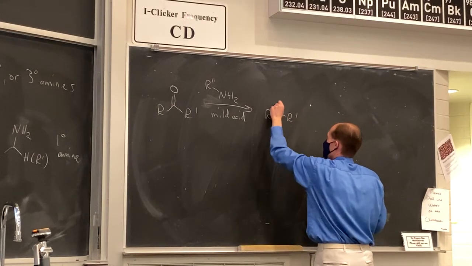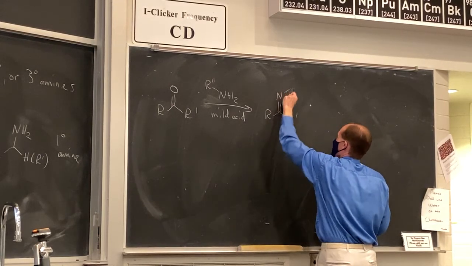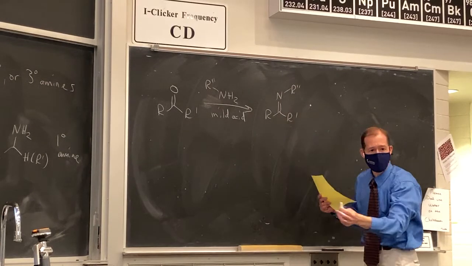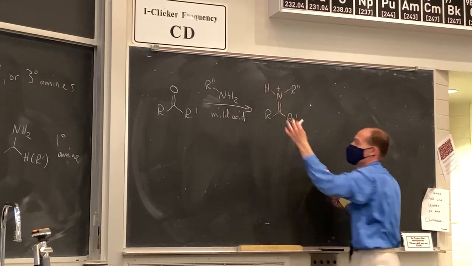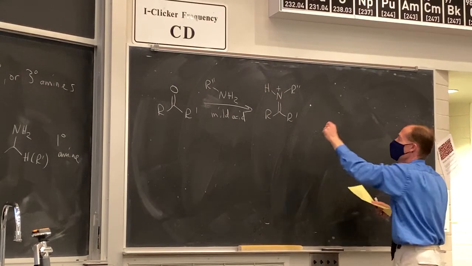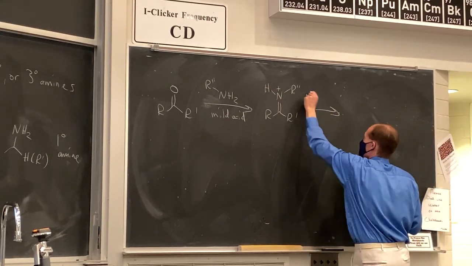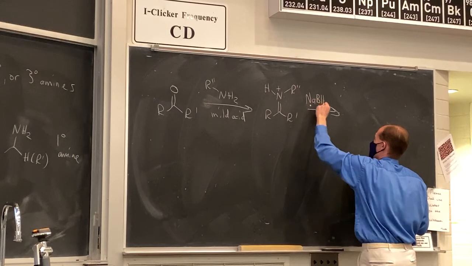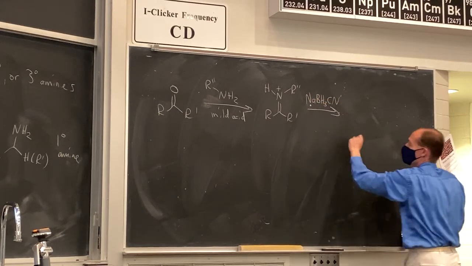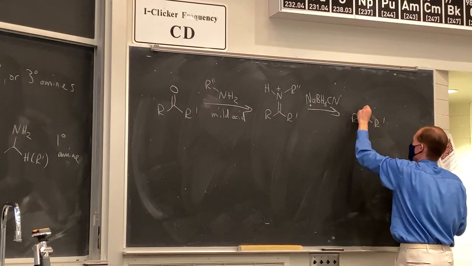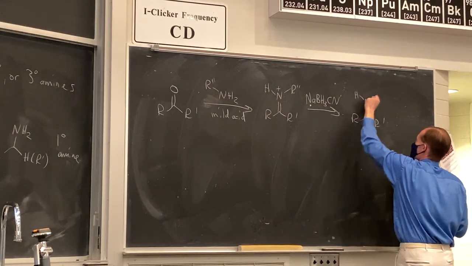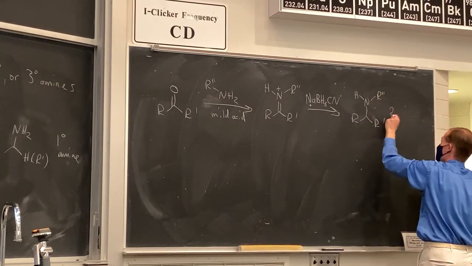We're going to generate an imine. This is the imine that we will form. The precursor to that imine is the iminium. The iminium and the imine will be in equilibrium. The iminium is going to get reduced by sodium cyanoborohydride. And what we're going to obtain is a secondary amine. Okay?